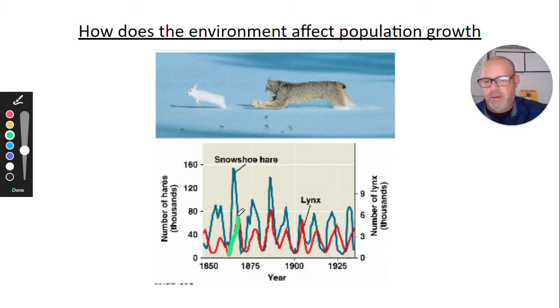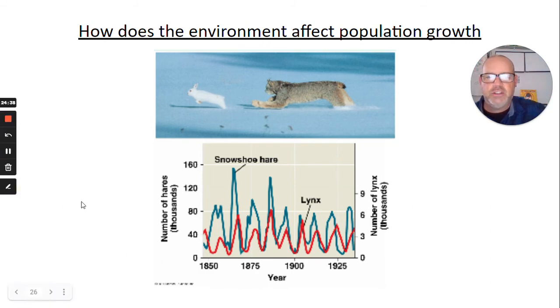As the lynx population increases, what happens to the snowshoe hare population? It comes down. And then what happens to the lynx population? It also comes down. So they are mirroring each other, right? This predator-prey relationship, the population sizes and rates just fluctuate and follow each other because they're so tied together.